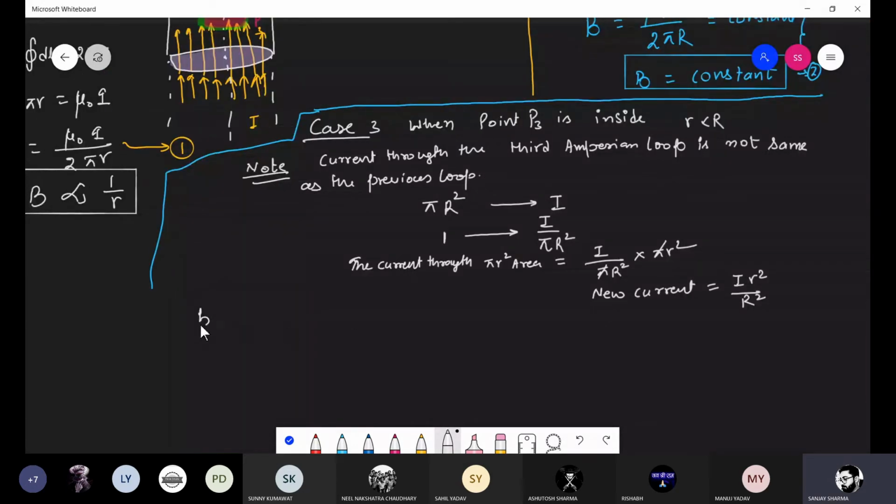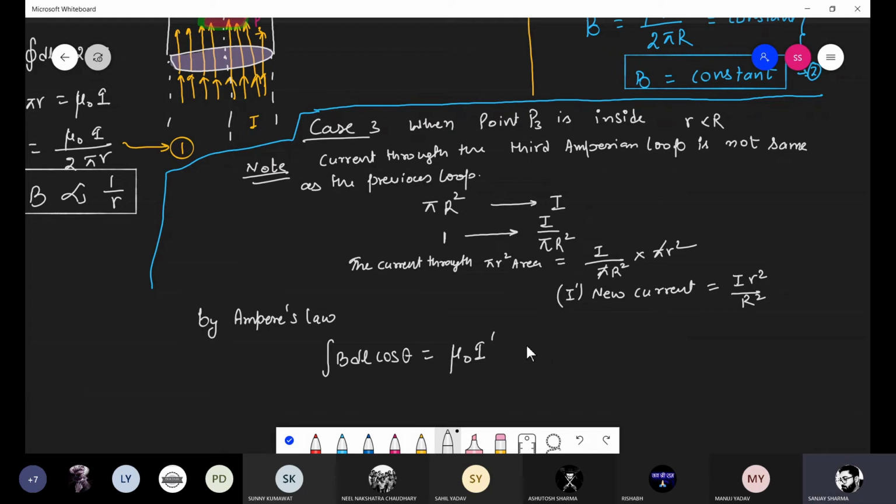So by Ampere's law, integration of B dl cos theta is equal to mu naught times the new current, let's say, I dash here. ठीक है ना? And everywhere the third loop is also tangential to the magnetic field.